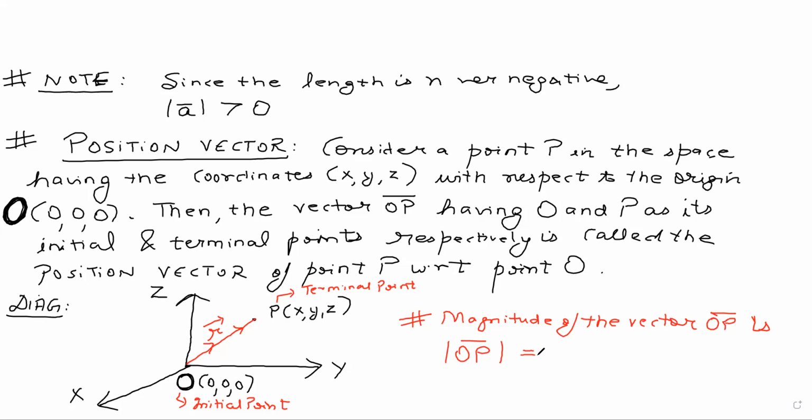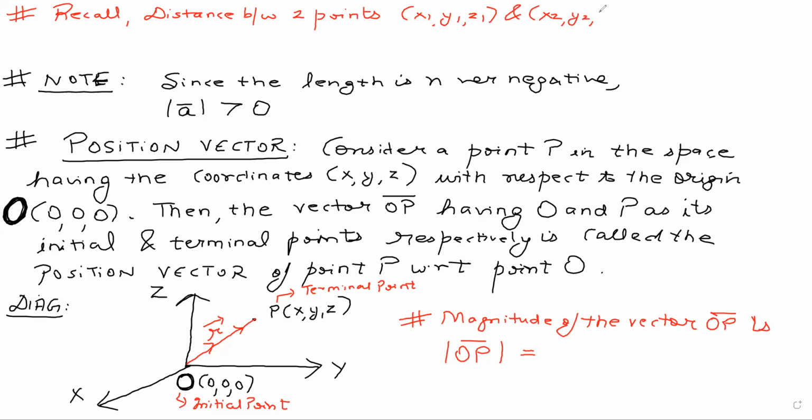All students recall from class 11th mathematics, the distance between 2 points x1, y1, z1 and x2, y2, z2 is given by the square root of x2 minus x1 square plus y2 minus y1 square plus z2 minus z1 square.